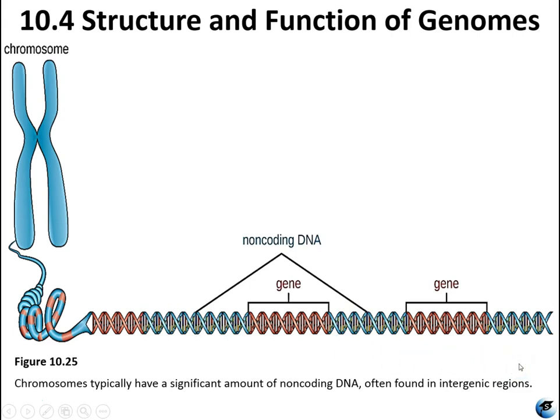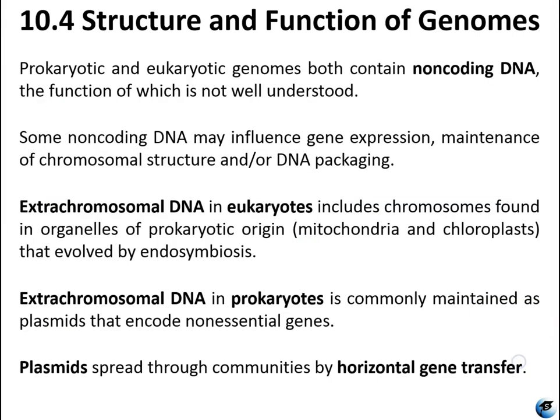It's not very well understood exactly what this non-coding DNA is for, but there are lots of studies out there that show that some of it is involved in gene expression, so turning on genes or turning them off. And also they help to maintain the structure of the chromosome. They might have something to do with the processes of supercoiling and DNA packaging. There is such a thing as extra chromosomal DNA.